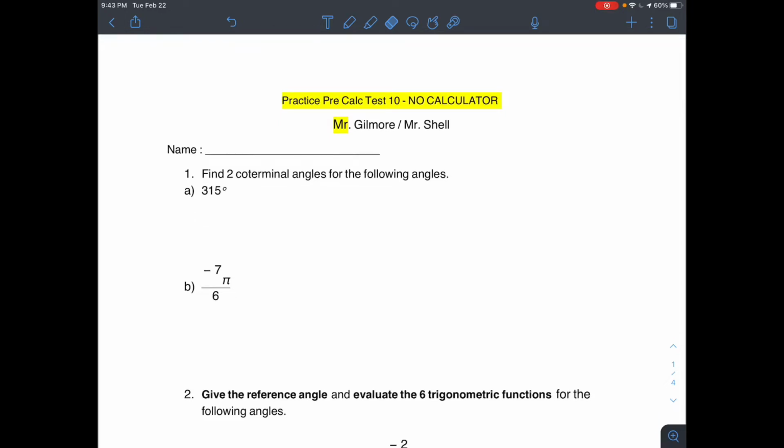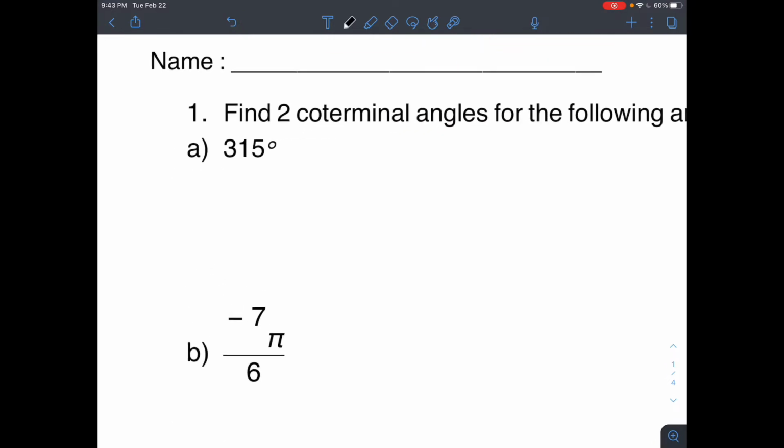Okie dokie, so today we are going to be looking at our practice test for test 10. So the first question asks to find two coterminal angles for the following angles. So we are given 315, so we can add and subtract 360 to get our answers.